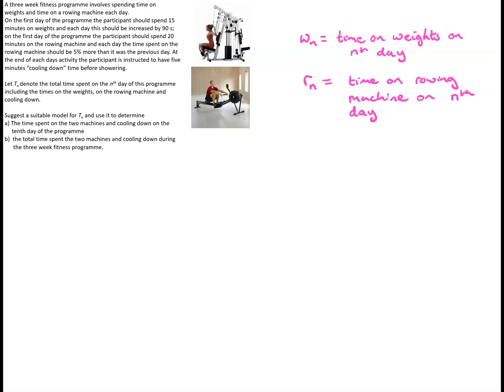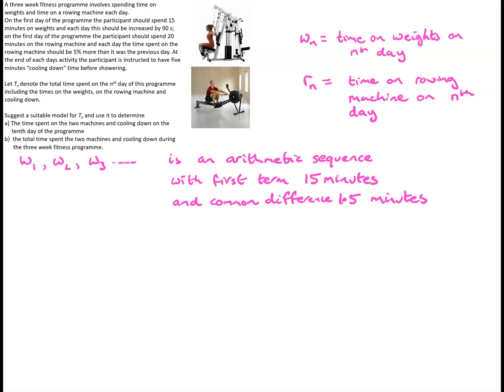So the sequence Wn is going to be an arithmetic sequence with first term 15 minutes and common difference 1.5 minutes, which means that I can write down that Wn is going to be the first term plus n minus 1 times the common difference. In other words, Wn is 15 plus n minus 1 times 1.5, which simplifies to 13.5 plus 1.5n.